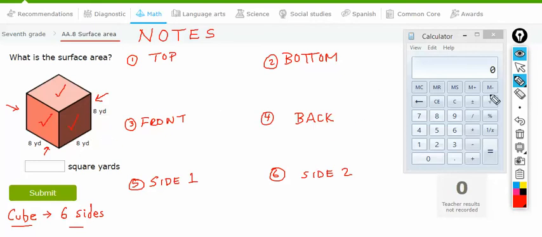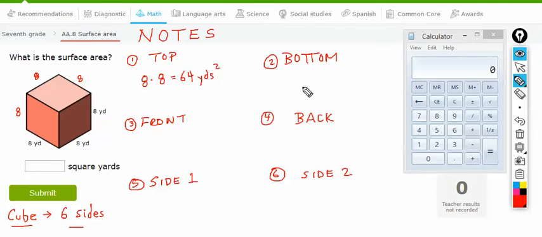So you're dealing with 6 sides, so you have to get the area of each one and then add it all together. This is a cube, so everything is going to be 8. All of the sides are going to be 8 because it's a cube. The top is 8 times 8, which is 64 yards squared.